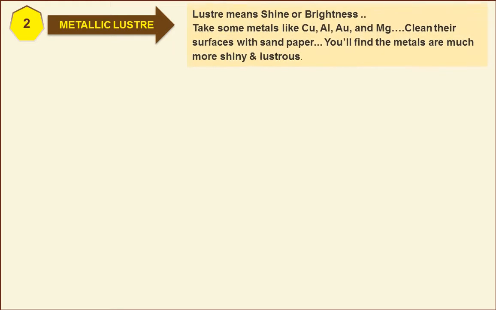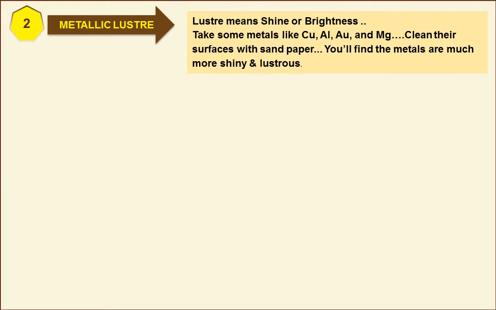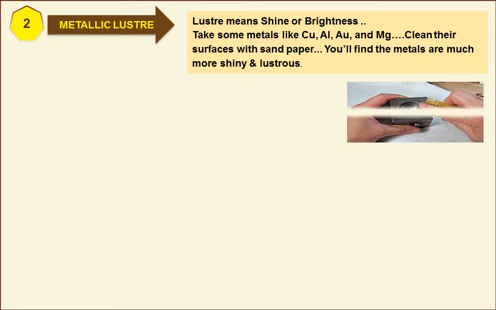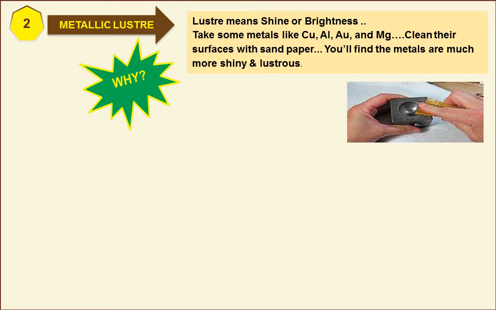Now let's discuss another physical property of metals, that is metallic luster. Luster means shine or brightness. Take some metals like copper, aluminium, gold, magnesium, and clean their surface with sandpaper. You will find them much shinier and lustrous.